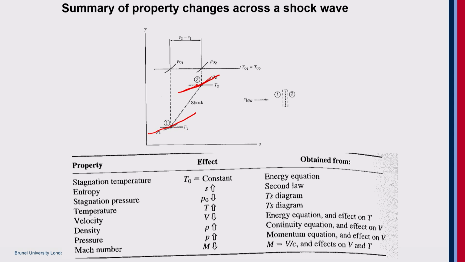Now, for this static pressure, this is the corresponding stagnation pressure, which we looked at in the last class. Due to the shock, the static pressure increases, but the total pressure decreases.